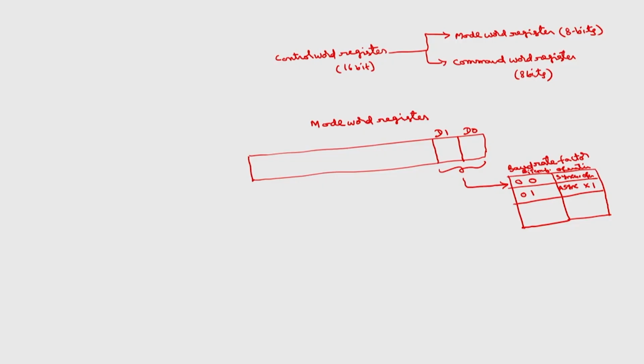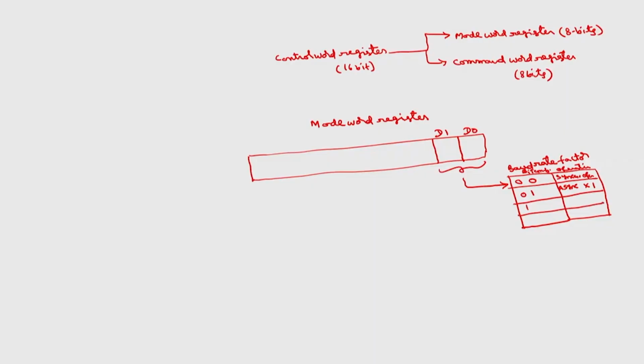I will explain what is meant by baud rate factor 1, 16 and so on, when we discuss a few examples. 1 0 is asynchronous, but the baud rate factor is 16. 1 1 is asynchronous only, and the baud rate factor is 64.